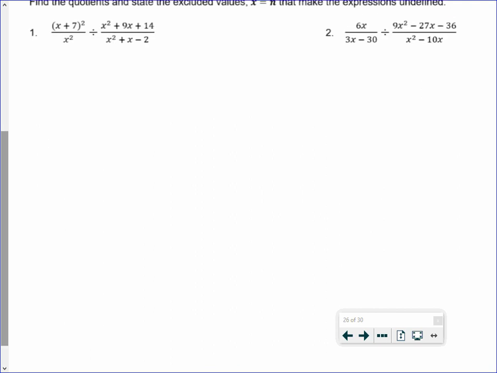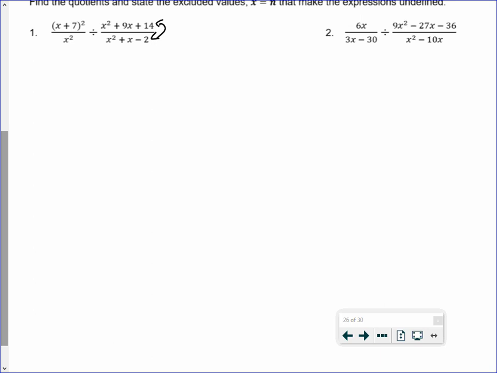On number one, we have (x plus 7) squared over x squared divided by that other rational expression. Like we said, we're going to change this division problem into a multiplication problem by finding the reciprocal of the second expression. That's just a fancy way of saying we're going to flip it over, making the bottom the top and the top the bottom.